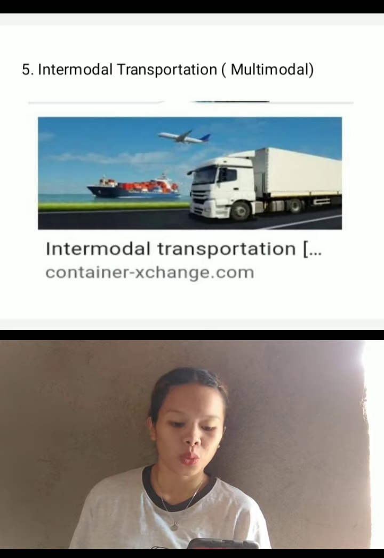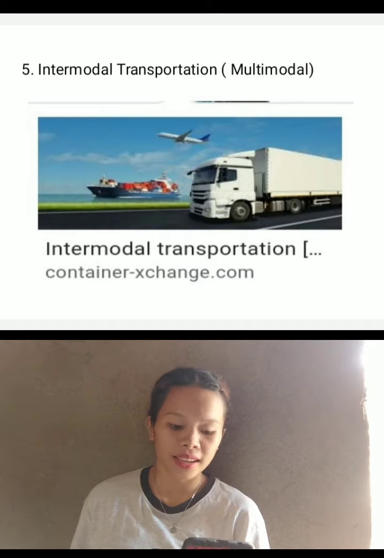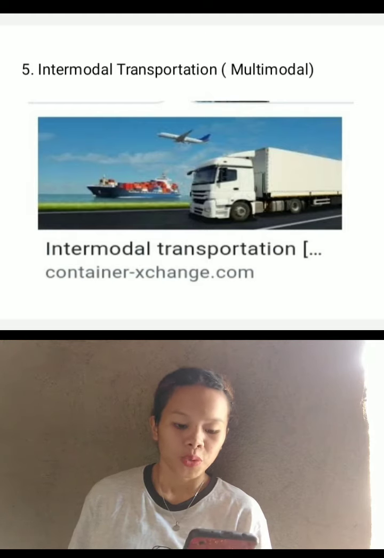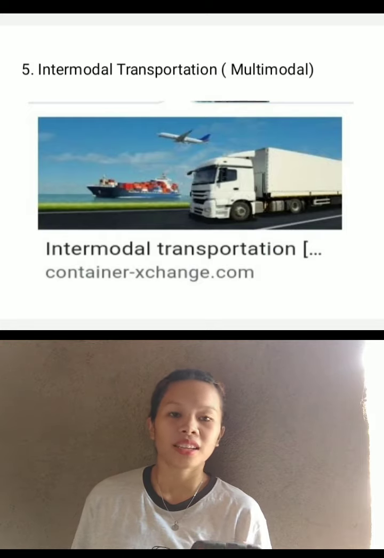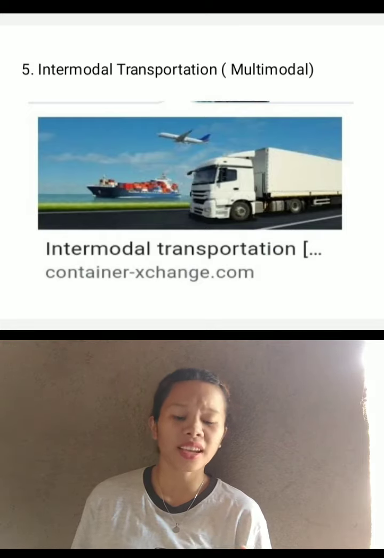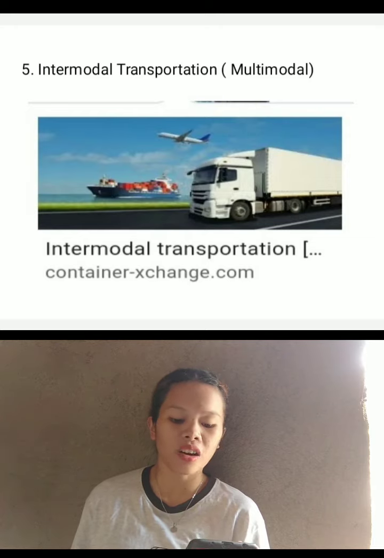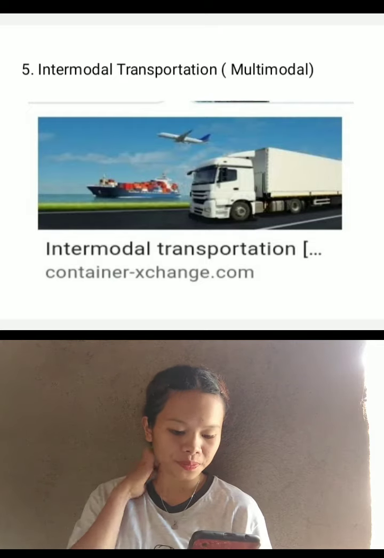Their shipment will most likely begin on road, be transferred to rail, then to maritime, then transferred to rail in the US, and then arrive at its destination in Oregon by road once again.